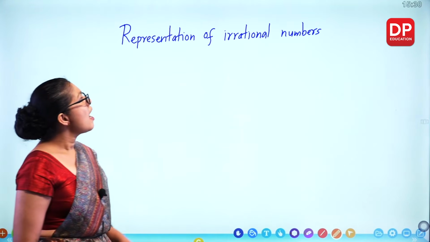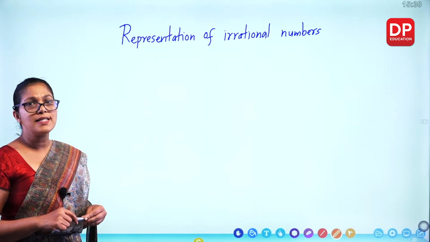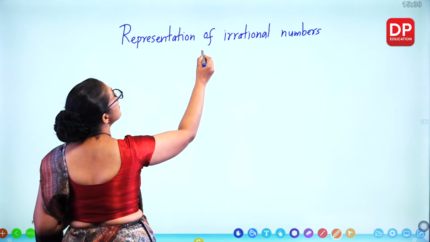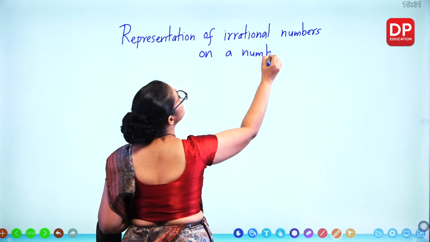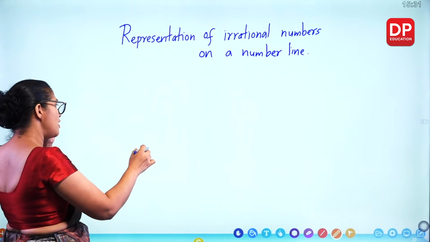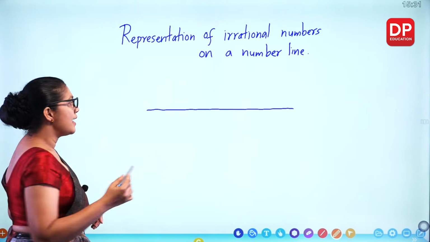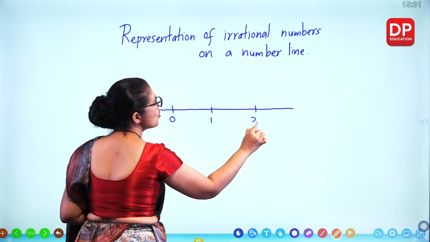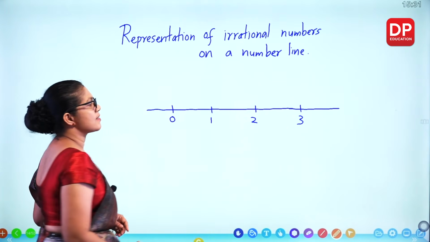Now we'll look at how we can represent irrational numbers on a number line. So here I want to draw on a number line. We know on a number line we can draw 0, 1, 2, 3 with equal distance.